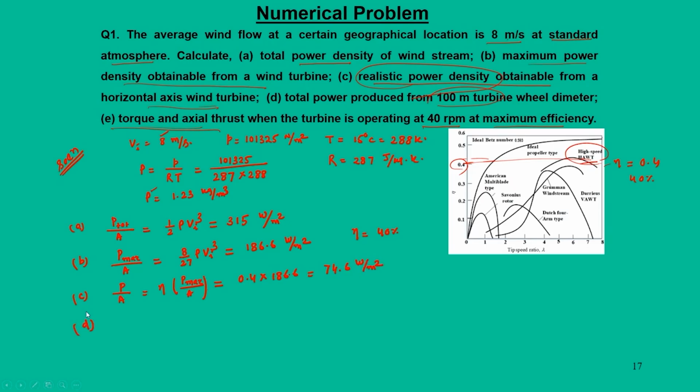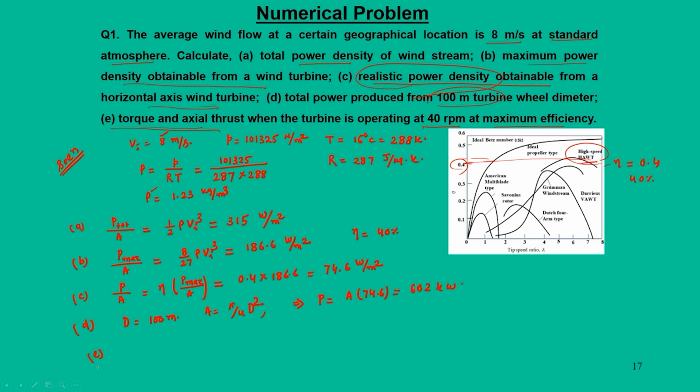Next term, we say what is the total power produced from a 100 meter turbine wheel. So, for that we can say, if you take D as 100 meter, A is equal to pi by 4 D square, and once we know A, we can calculate P is equal to A times 74.6, and this number is 602 kilowatt.